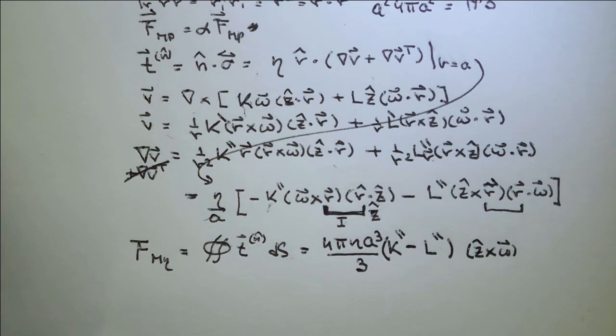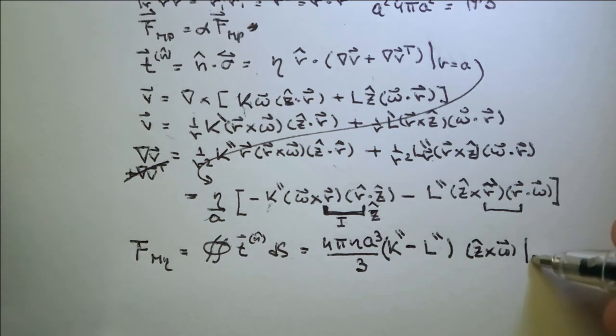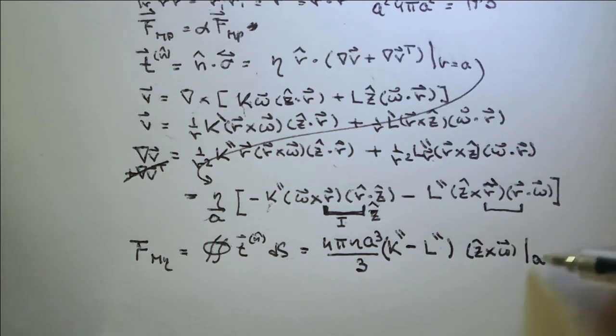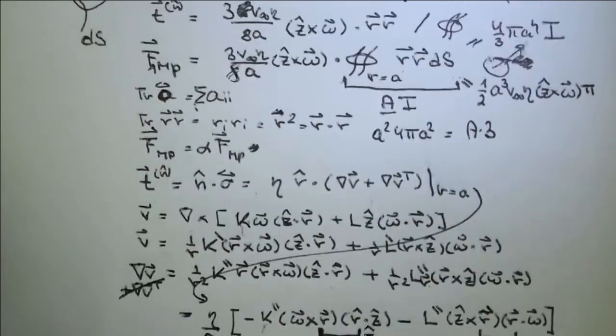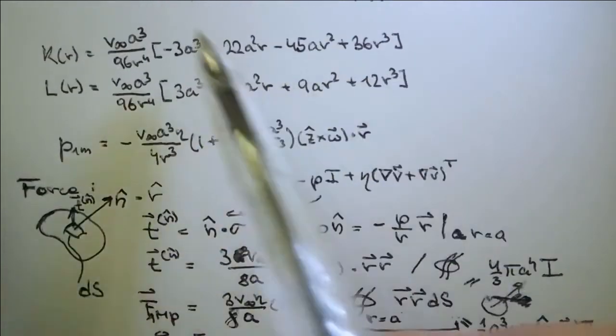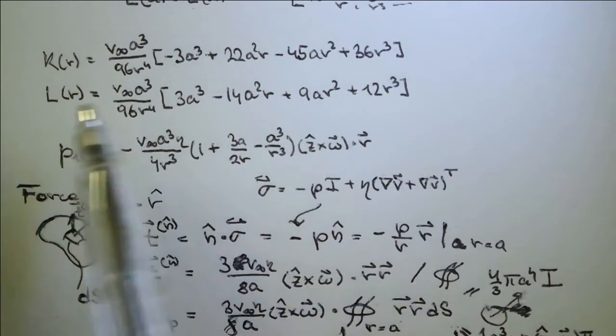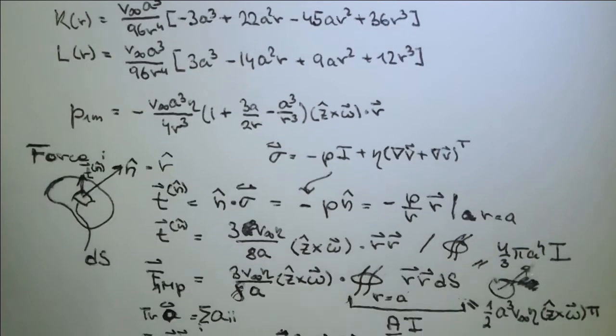all in brackets. Now you have to compute this at r is equal to a, so that means you have to substitute in the second derivative of this and subtract.